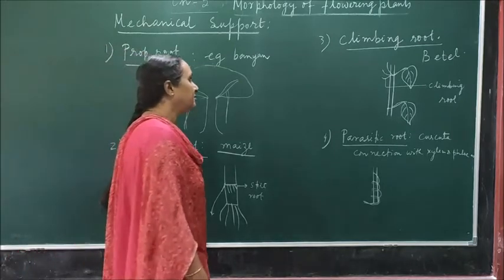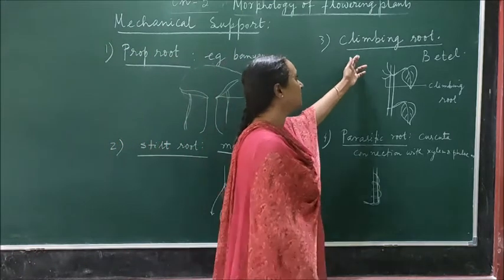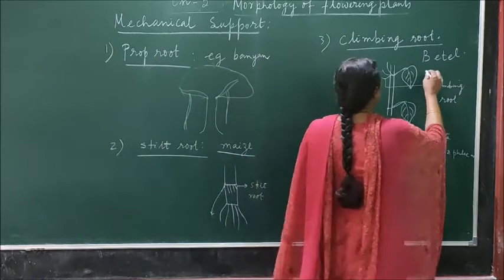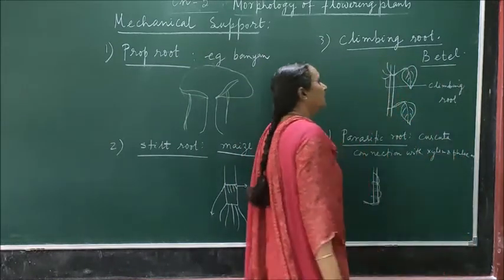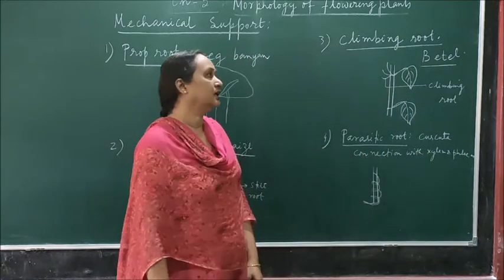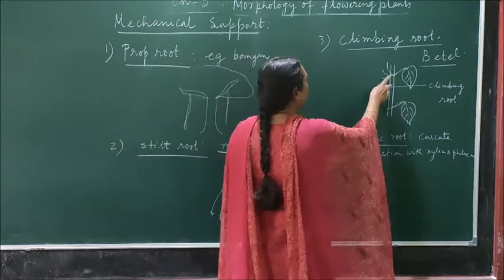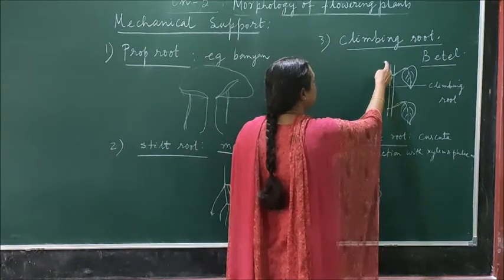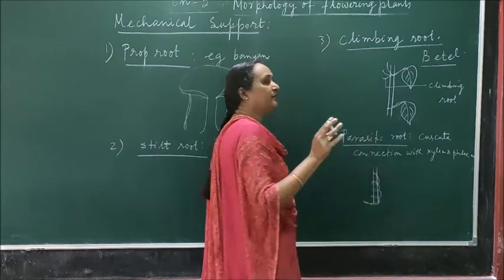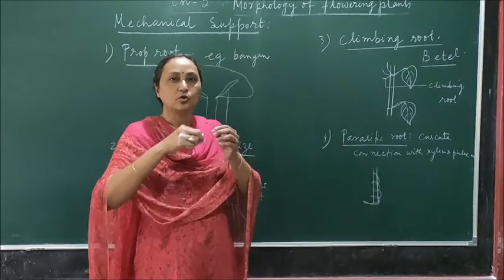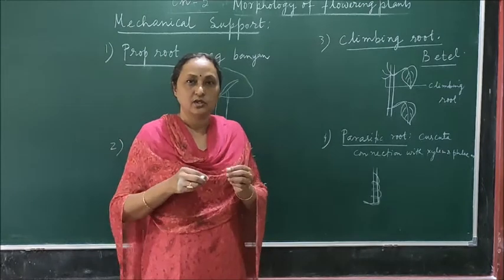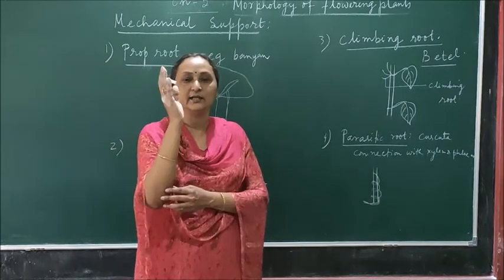Then the next kind of modification is the climbing root. For example, betel and pepper. In betel you can find the roots also develop from the nodes, and these are thin roots and they develop in the air so that they can coil around the support. Because a climber cannot stand erect.